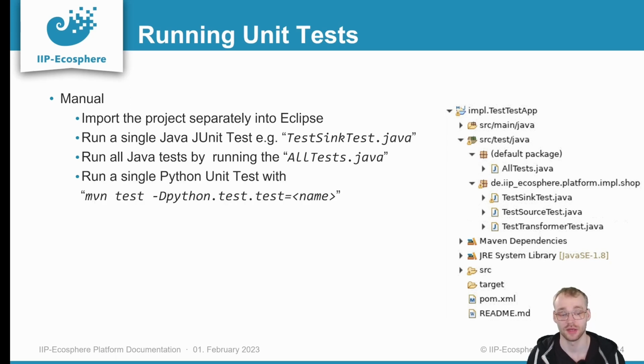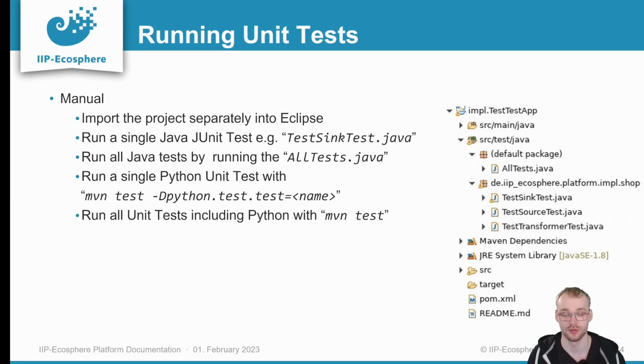You can run a single Python test by using a command mvn test -Dpython test and then adding the name of the test. Later we will see some examples for this, but usually the Python test is called pytest when created.